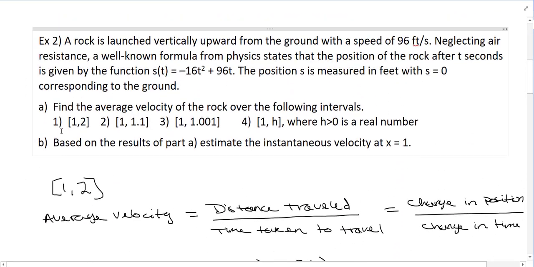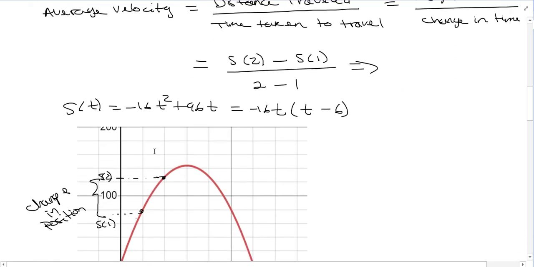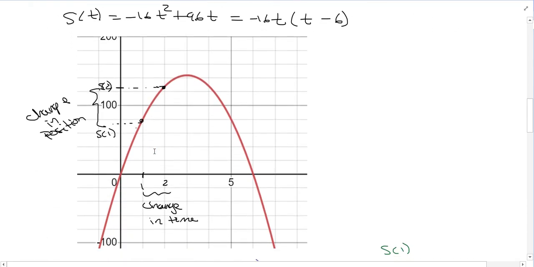And so that's kind of what we're doing here. We have all these intervals, but we're trying to see what happens right at 1. So going back to this graph, notice that if I connect the dots between these 2 points, pretend that those are connected. This is what we call a secant line.